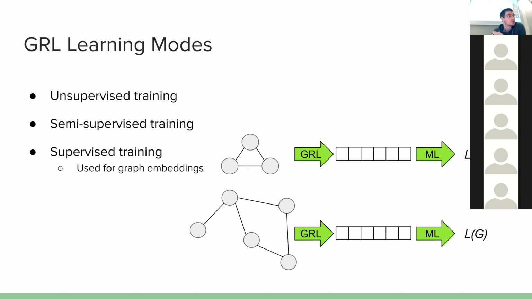To make things clear, you don't have to do supervised always after unsupervised training. So Ahmed was asking, you don't have to do unsupervised and then supervised. I presented them in this order, but these are alternatives. You don't do them one after the other.